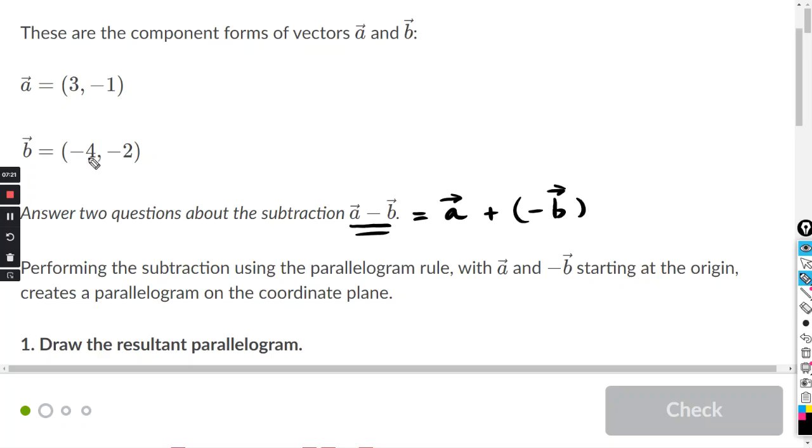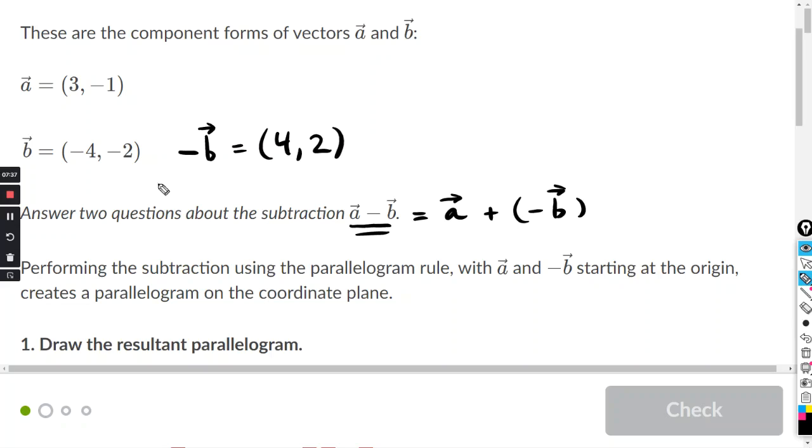So if B is negative 4, negative 2, then negative B, you just change the sign. So negative 4 becomes positive 4, negative 2 becomes positive 2.